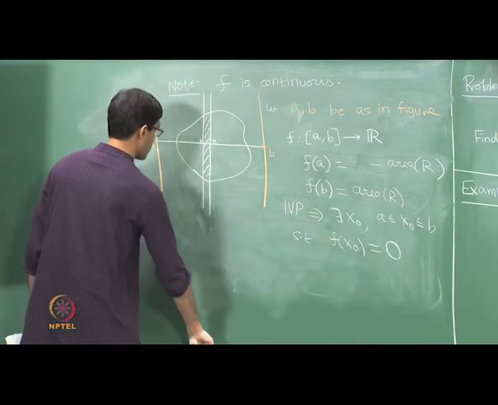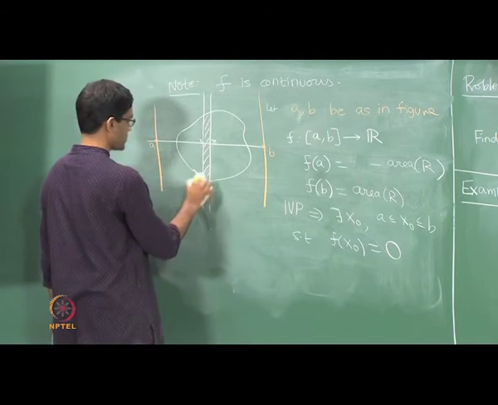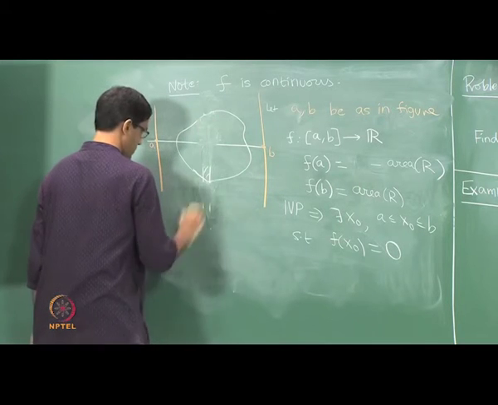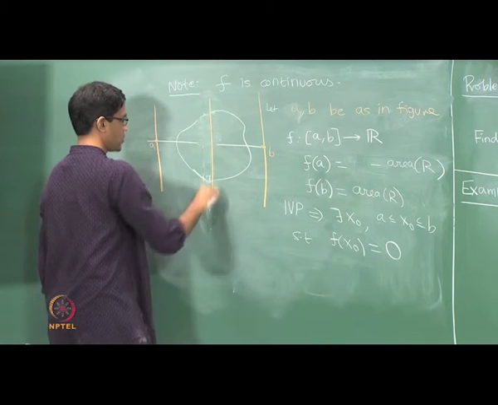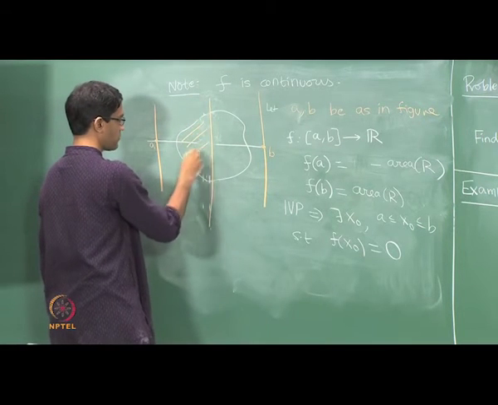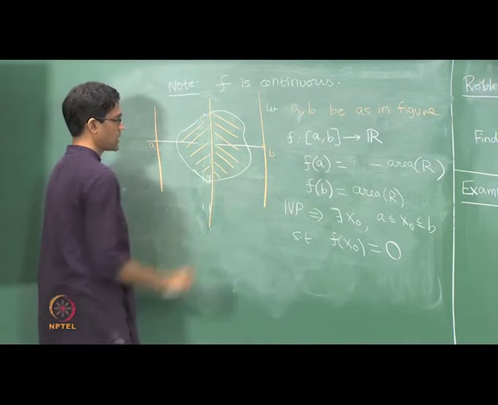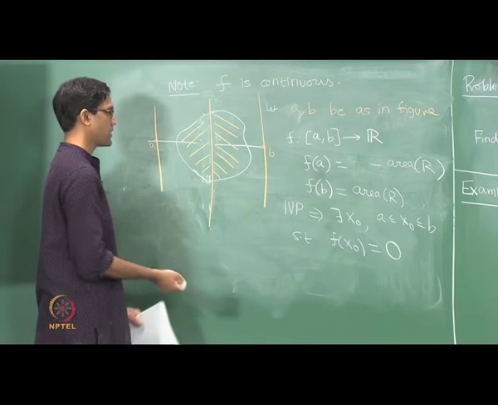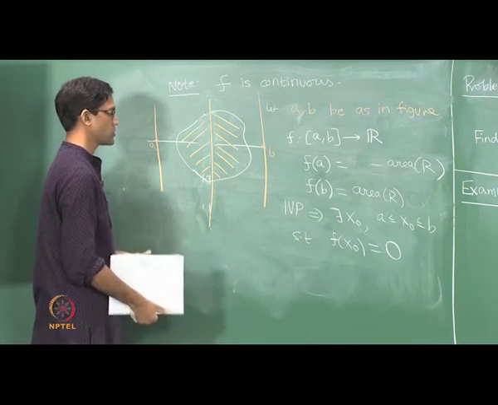And observe that the value at x naught being 0 precisely means that, so let us draw the line through x naught, the area to the left of x naught is equal to the area to the right of x naught. That is exactly how the function was defined. So this is exactly the bisector that we are looking for, something which gives you two pieces of equal area.